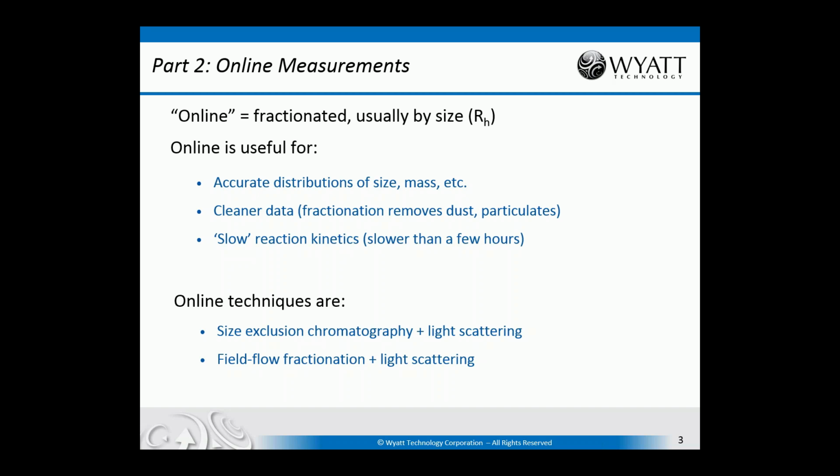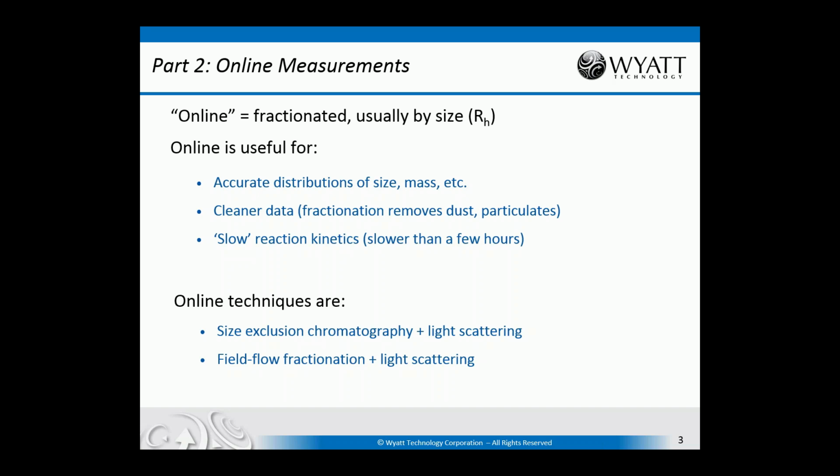The separation will take typically between 5 minutes and an hour, depending on the particular technique that you use. And you can get high resolution data. And if the reactions are slow, the sample won't be changing by very much as it goes through fractionation and dilution during that time.